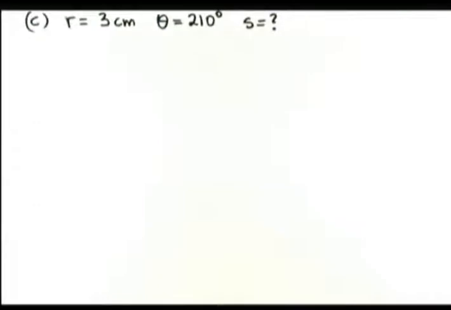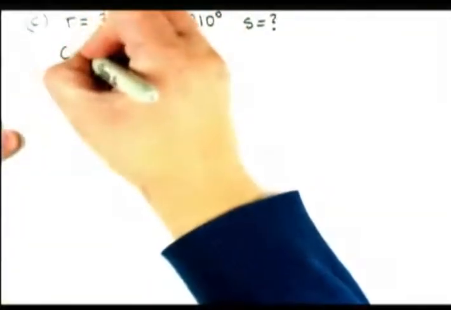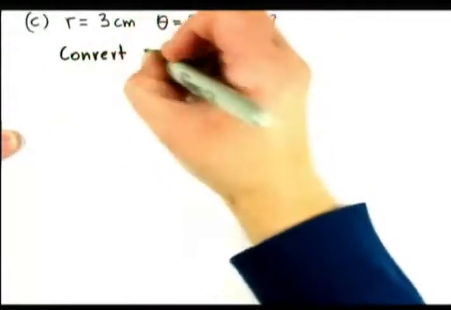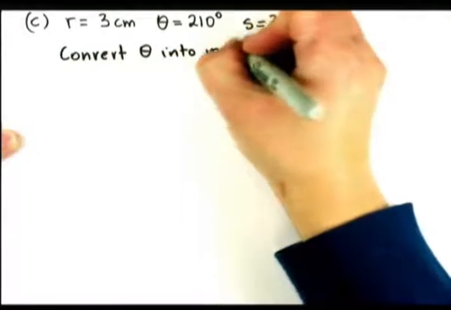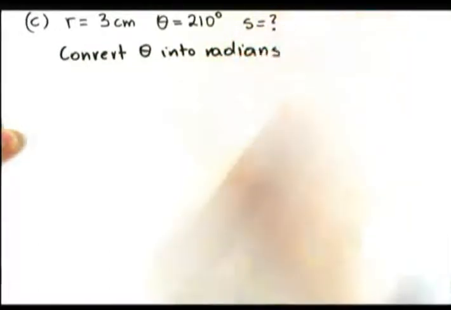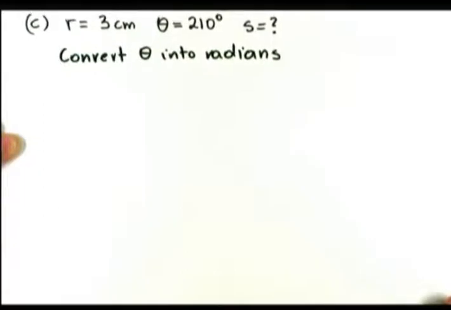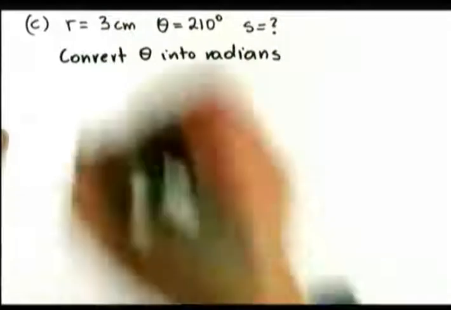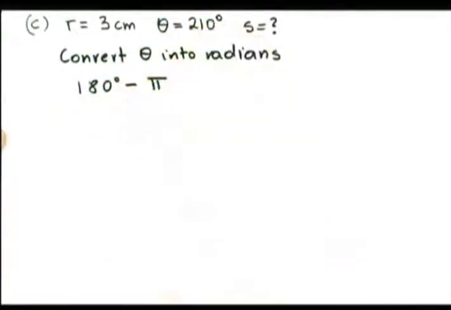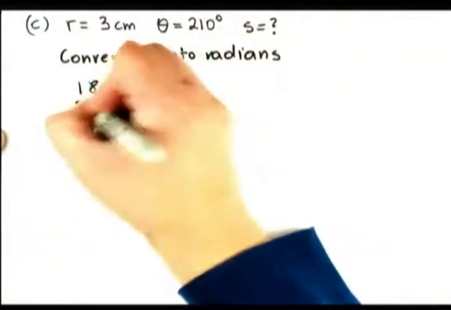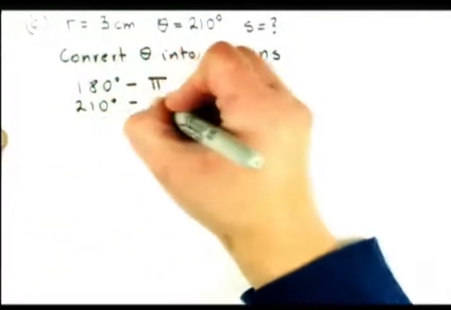Since our theta is in degrees, first we need to convert it to radians, because the arc length formula uses only theta in radians. So we are using a proportion. 180 degrees is pi radians, and 210 degrees is my x radians.